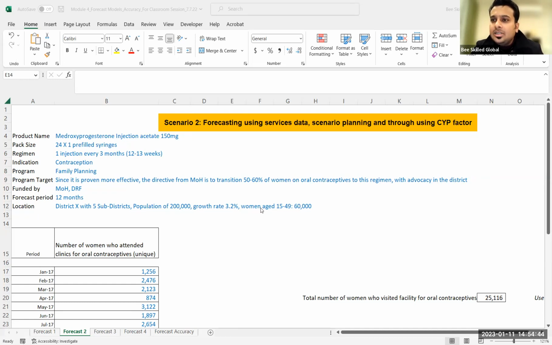You don't need contraceptives for girls below the age of 15, and you don't need contraceptives for women beyond the age of 50. So very specifically we know that there are 60,000 women who are in the reproductive age.